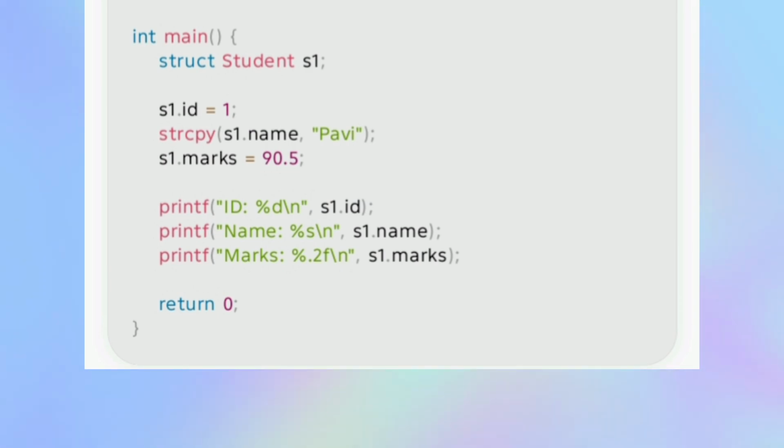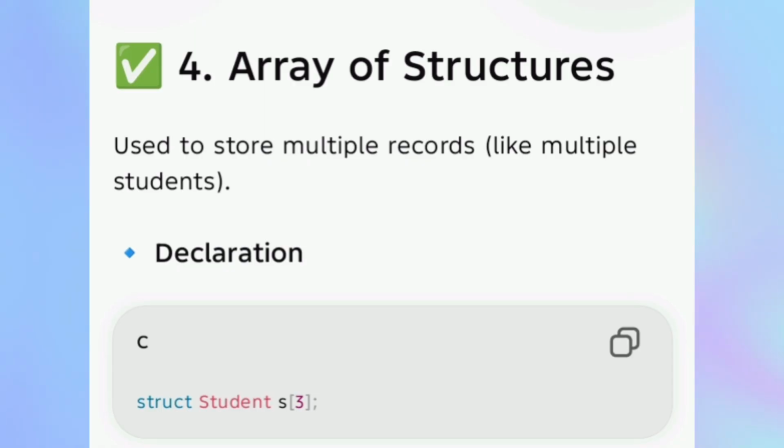Create one object or create a variable. s1.id equal to 1, strcpy s1 name, Pavi, s1 dot marks equal to 90.5. printf id percentage d, close the double quotes, comma s1 dot id, print name percentage s slash n, comma s1 dot name, print marks percentage 2f slash n, comma s1 dot marks, return 0 because it is int main. Close the curly braces.